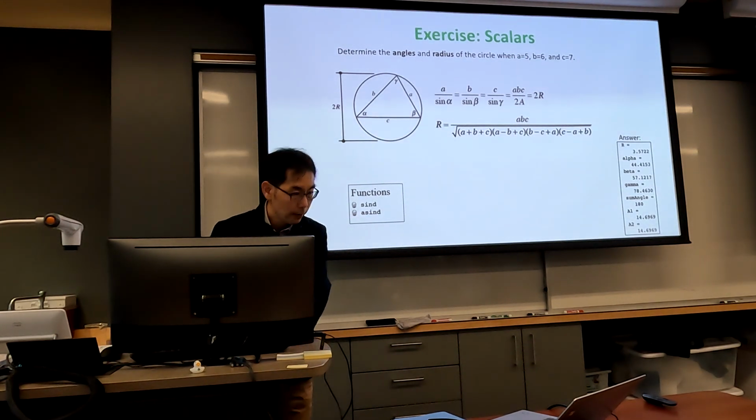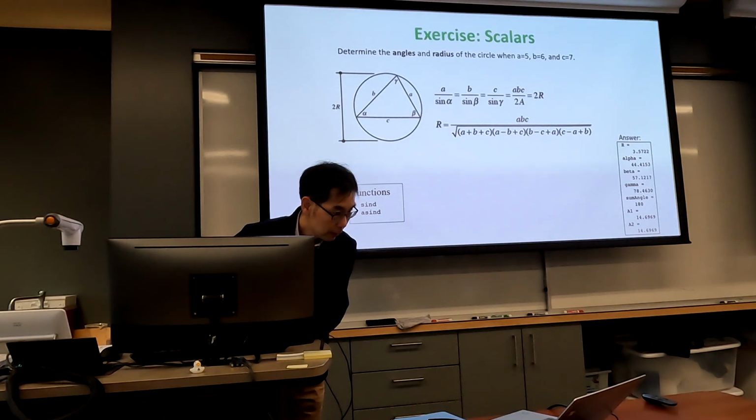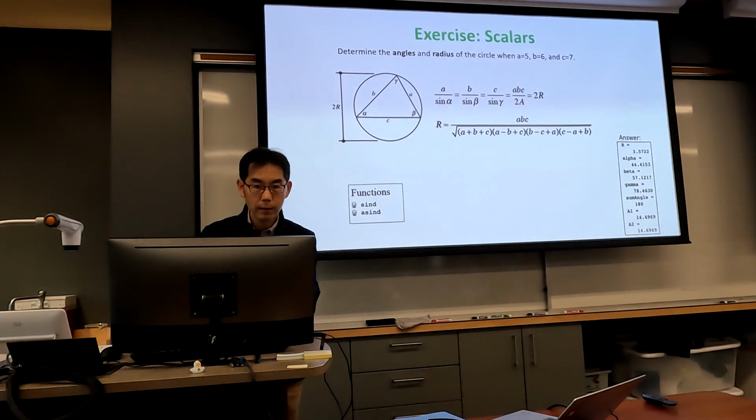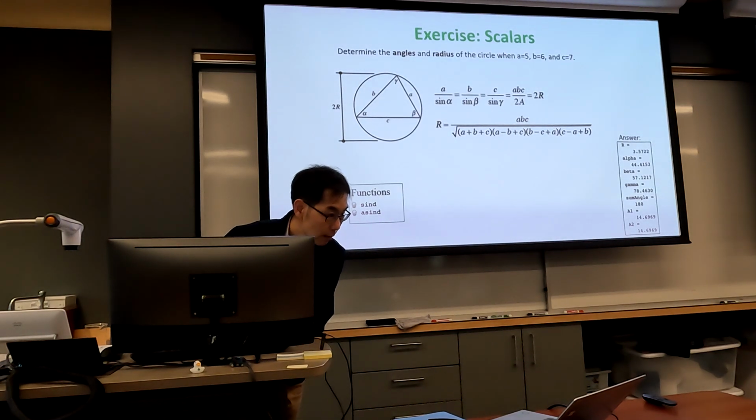And after that, I type the formula. The variable numerator is equal to A times B times C, and the variable for denominator is, so long.